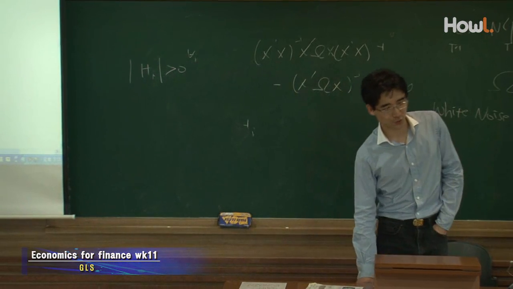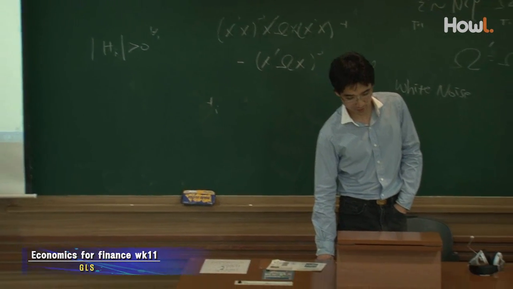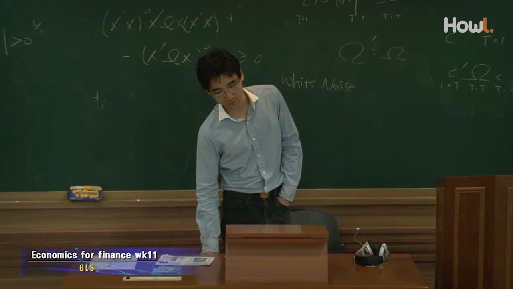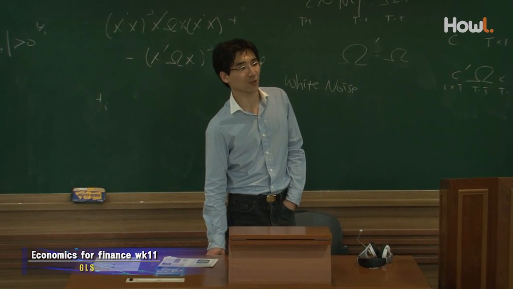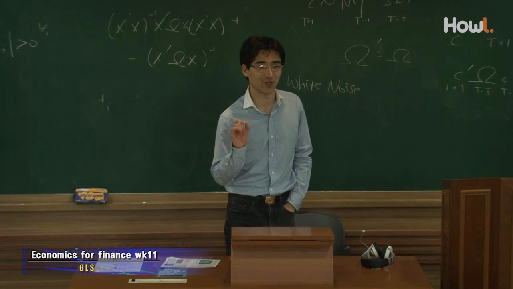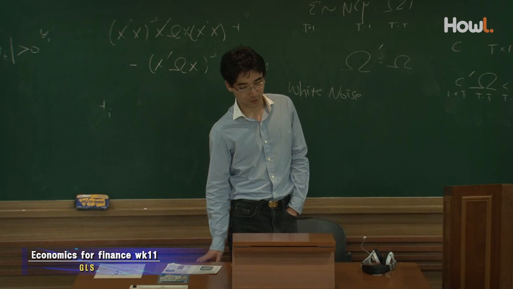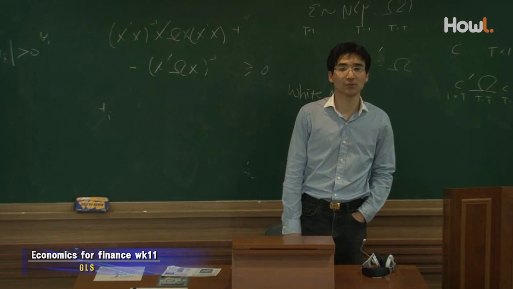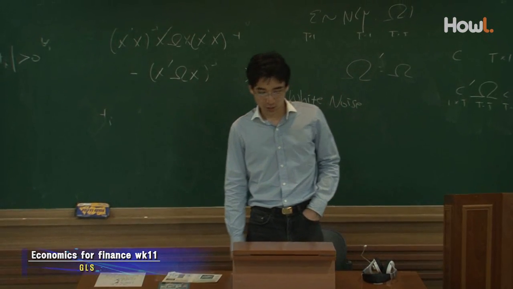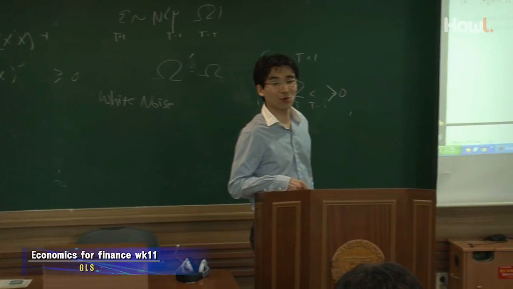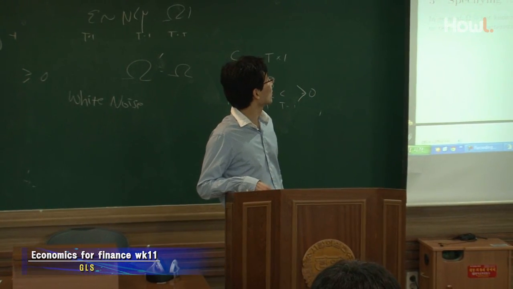In that sense, our GLS estimator is the best linear unbiased estimator. We already showed the GLS estimator is unbiased. So we call this GLS BLUE. And actually, OLS is a special case of GLS under homoscedasticity.